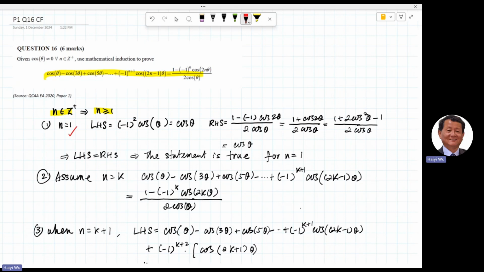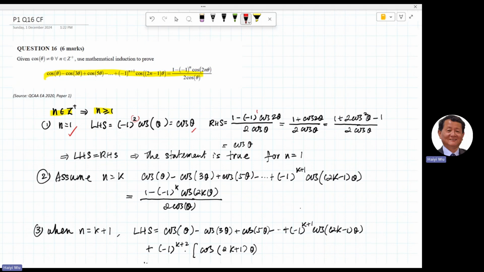Let's do the left-hand side: negative 1 to the power of 2 times cosine of (2n minus 1) theta. So the left-hand side is cosine theta. For the right-hand side we do the same thing with n equal to 1, so the signs will be negative, negative, and positive.